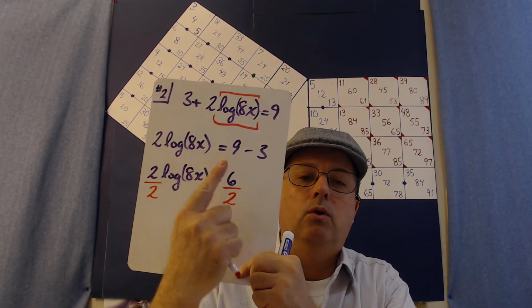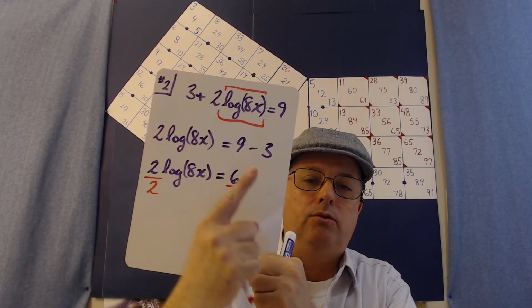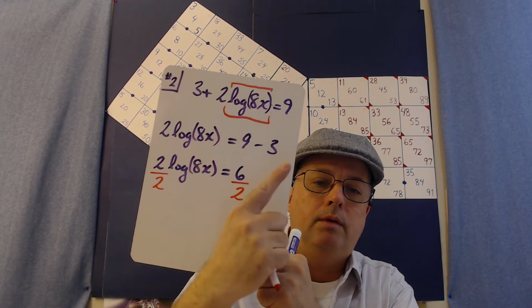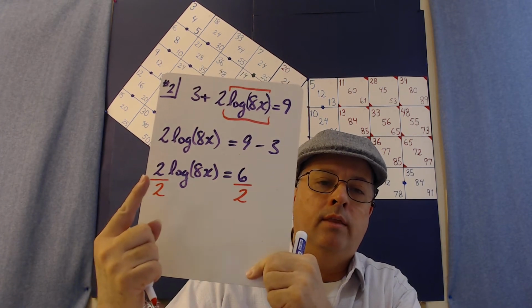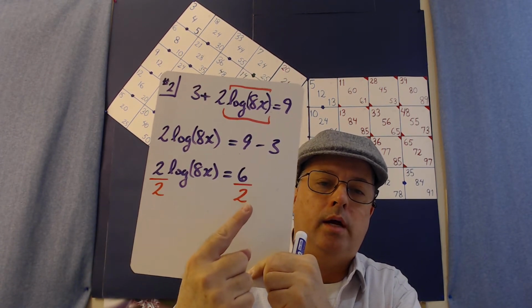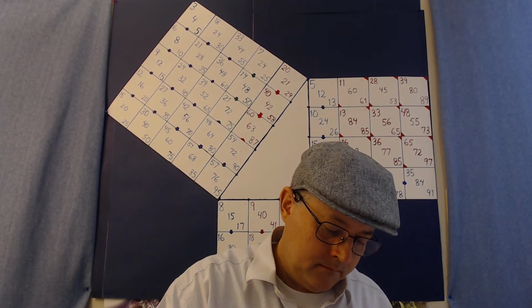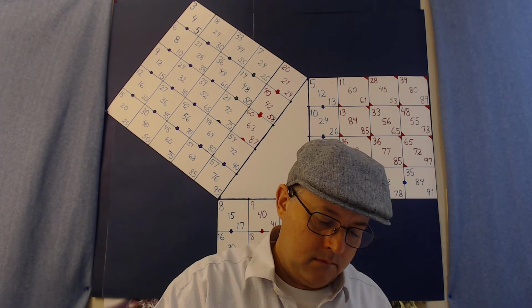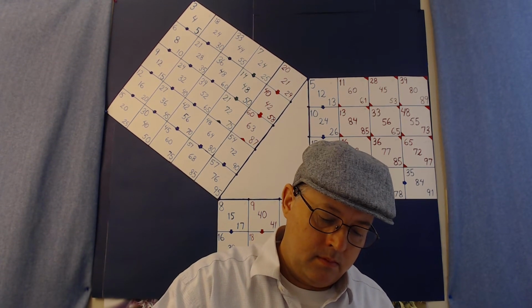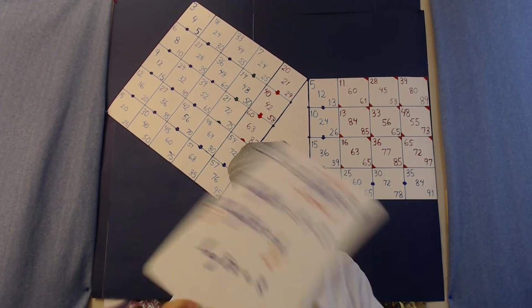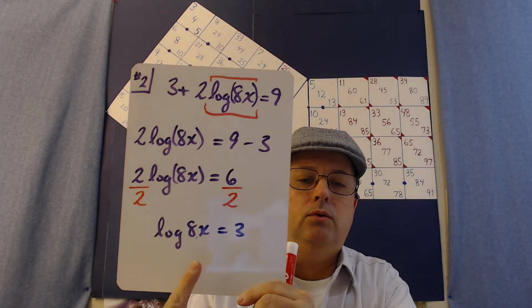And we got log of 8x equals 3. 6 divided by 2 is 3 there.